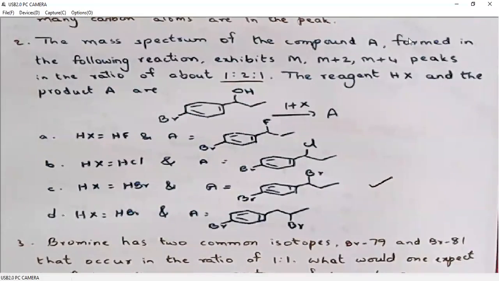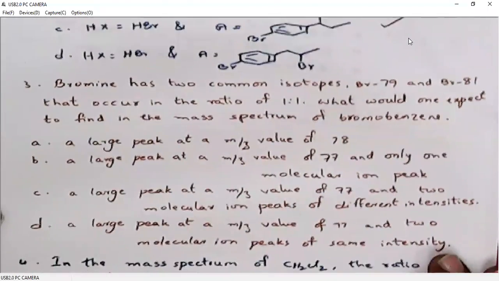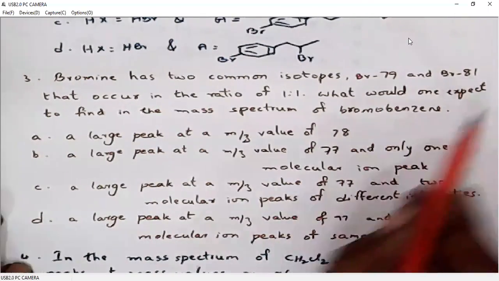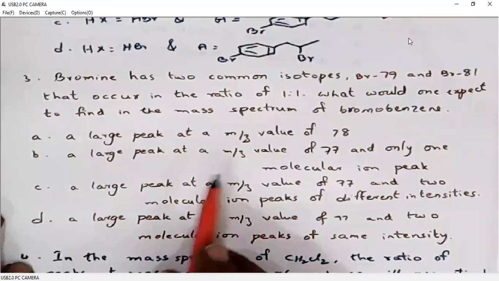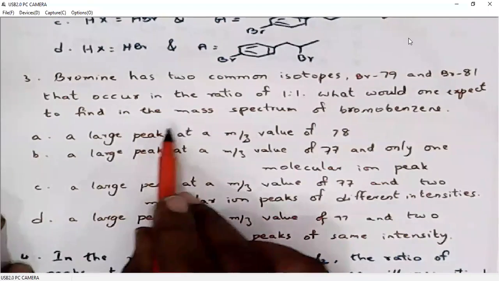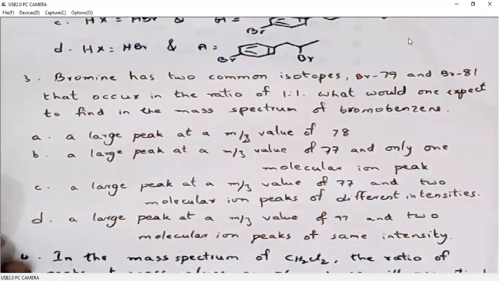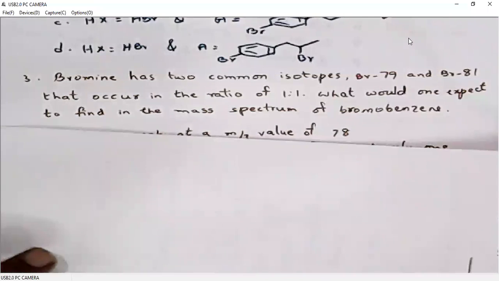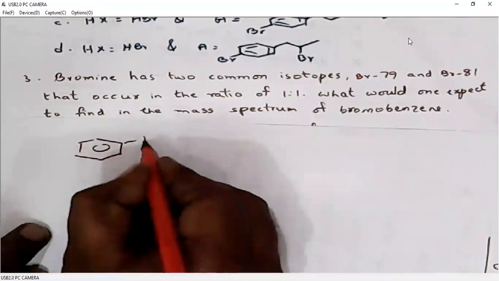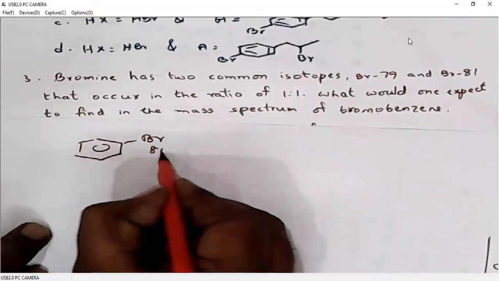I'll give you one more example. Bromine has 2 common isotopes, bromine 79 and bromine 81, that occur in the ratio of 1:1. What would one expect to find in the mass spectrum of bromobenzene? First, we will look at bromobenzene. Bromine's mass is 80.